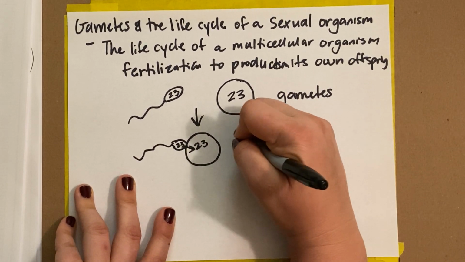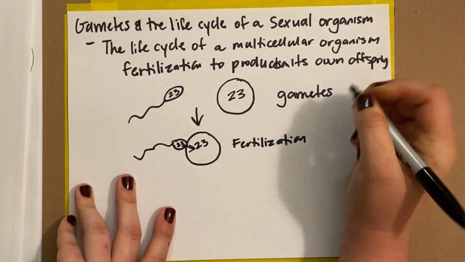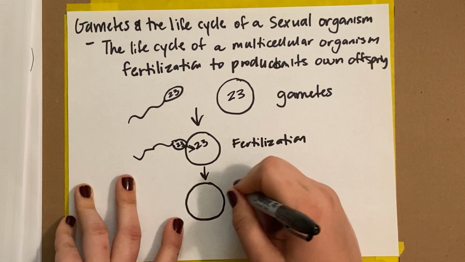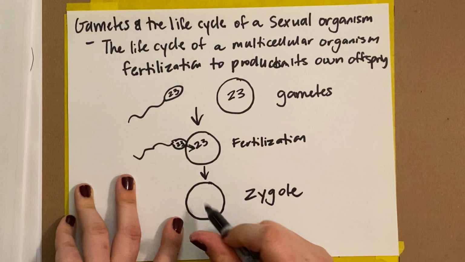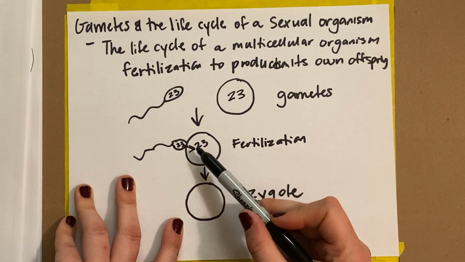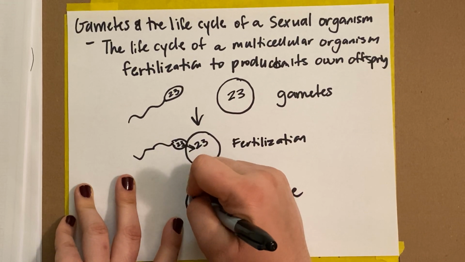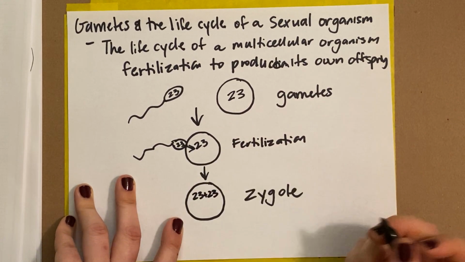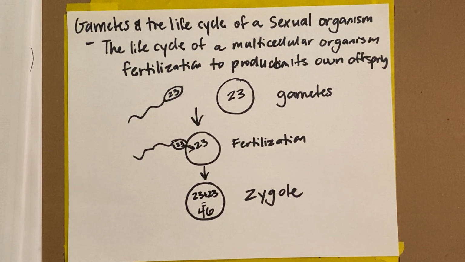We call this fertilization. Once that happens, we have what we call a zygote. Because we now have 23 chromosomes from mom and 23 from dad, we have 46 total chromosomes.